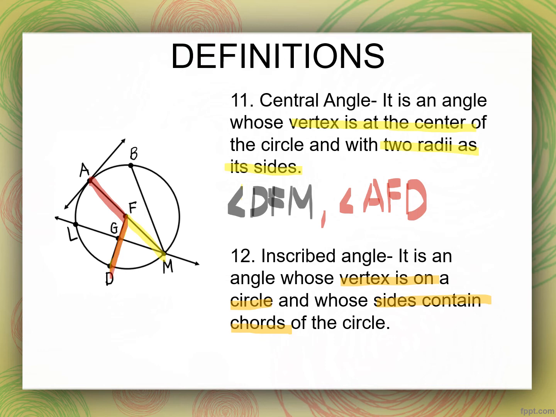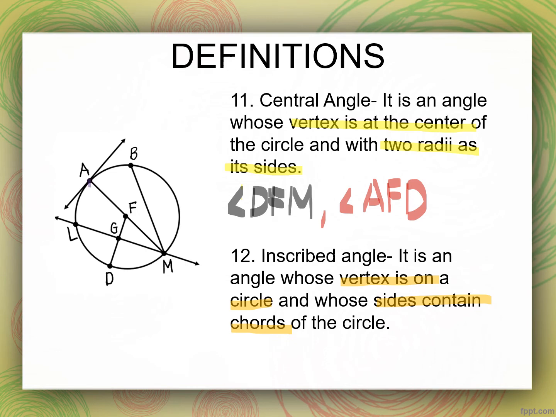I'll erase it again first. Okay, so the vertex should be on the circle, so we can use M. Okay, if you see point M is on the circle, and then find two chords.